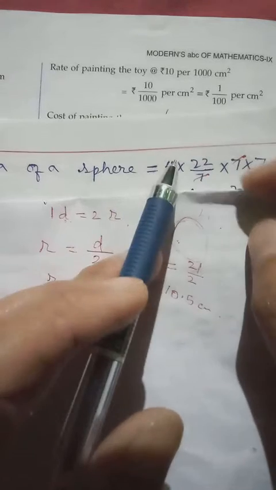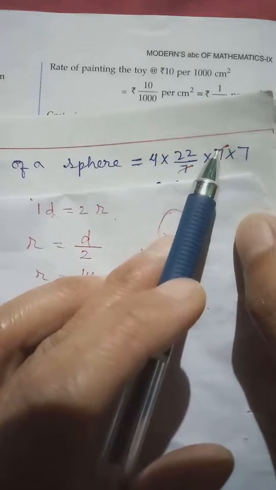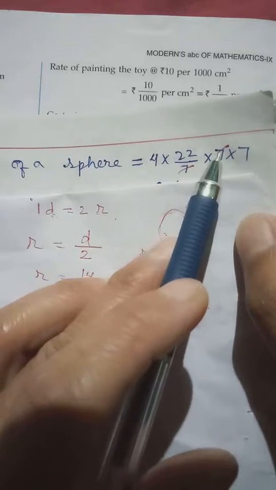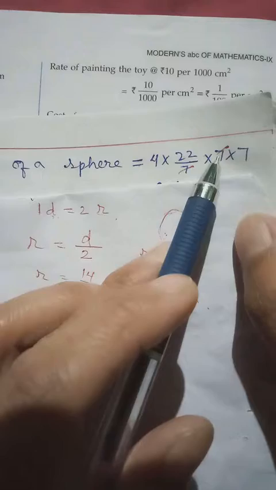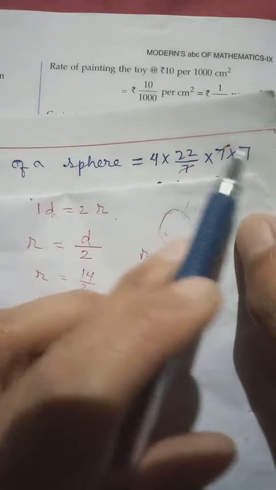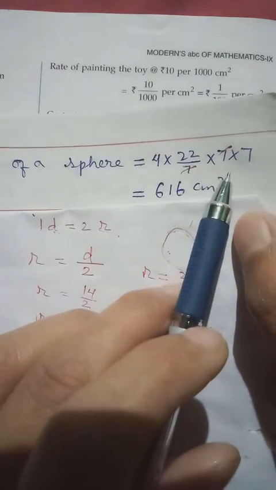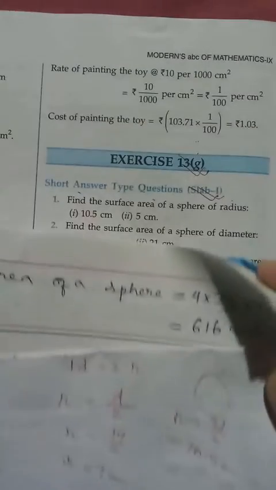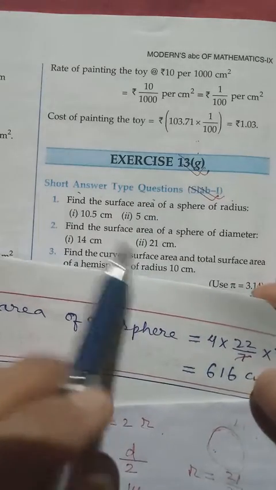The diameter, after we convert it to radius, becomes 7, and since we have r square, we can put it 2 times. Then here 7, 7 we can cancel. In order to get the answer, you multiply all. And at the same time, don't forget to write the unit centimeter square. In the same way, please try number 2 yourself.